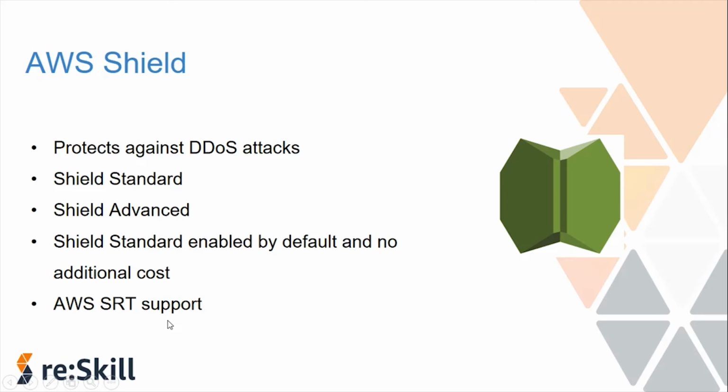You can also work with the SRT to create and manage custom mitigations for your resources. That feature will only be available here. Otherwise, the default standard has just the basic features. Additionally, you can integrate AWS Shield with AWS WAF by writing custom rules to mitigate complex DDoS attacks.